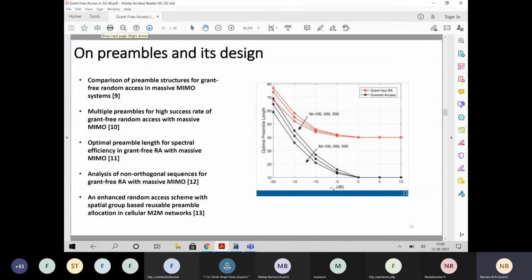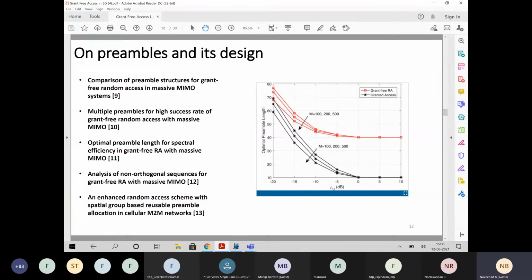That is what is given in the graph here, and of course that is based on the number of antennas. As you increase more and more antennas, that's why this arrow mark is there downward, I need shorter and shorter preambles to achieve the same performance.